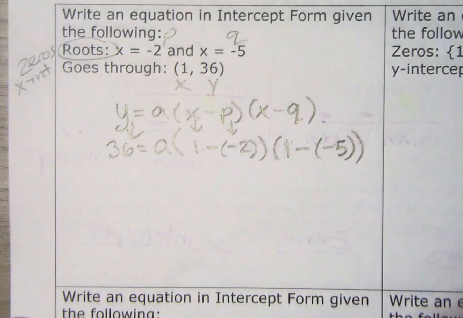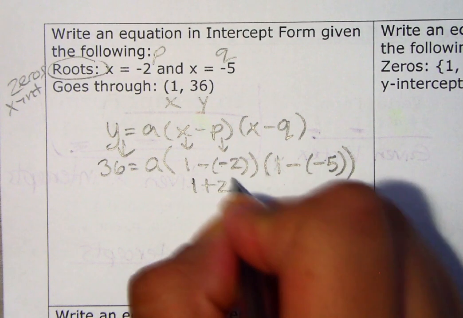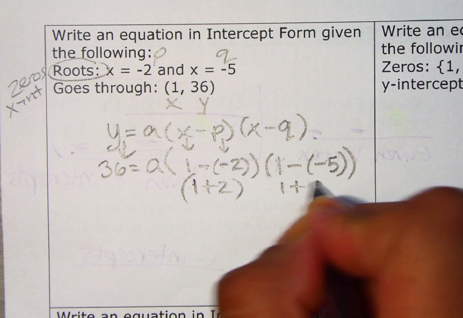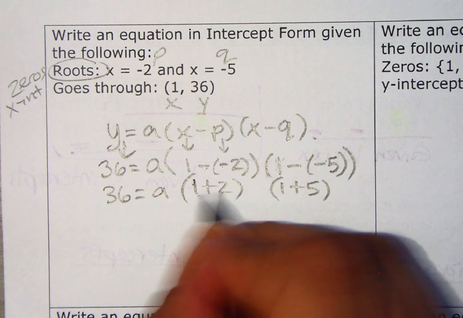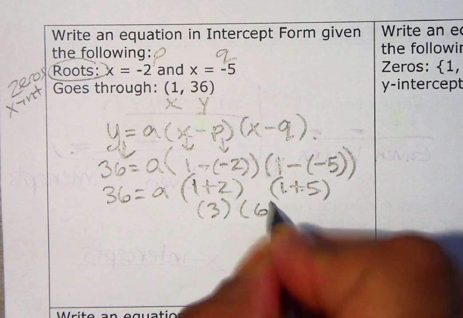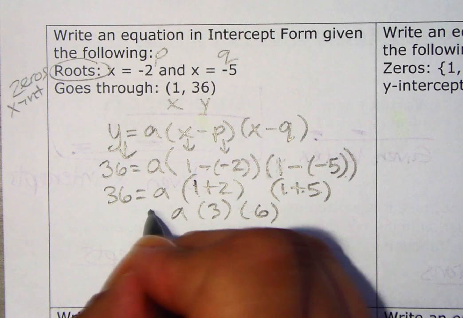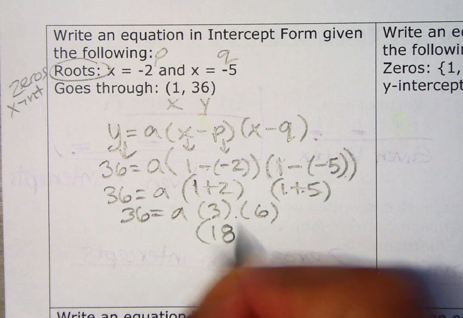All right, so a lot of negatives again, so just minus negative is plus. And then you have 1 plus 2, which is 3. 1 plus 5, which is 6. 3 times 6, which is 18.